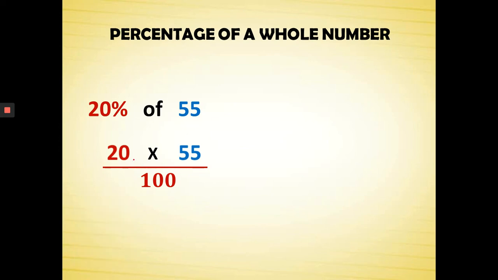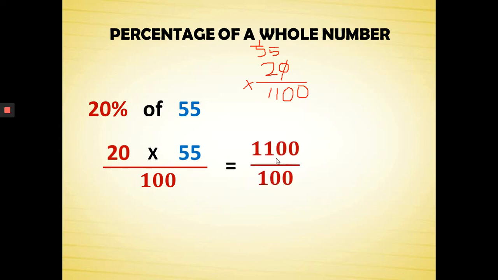So 20 times 55. Okay, so you just remove the 0 and put that down on the answer. 5 times 2 is 10. Write down 0, carry 1. 5 times 2 is 10 again, plus 1, 11. Okay, so that is 1,100, and then copy the denominator 100.